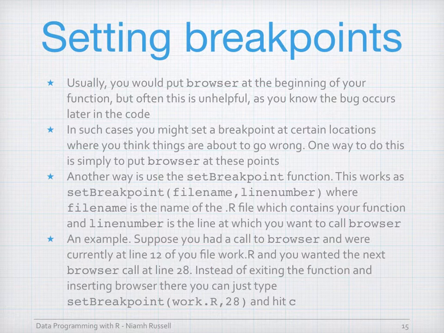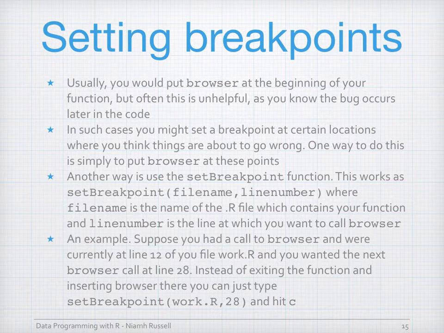But another thing you can do is, instead of exiting the function and just inserting browser there again and then rerunning the function, you can just set a breakpoint in your work.R file at line 28, and then instead of using the n, use the c.